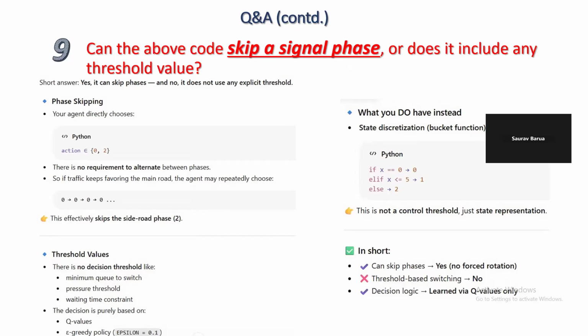We do not have any minimum queue to switch. We didn't use a pressure threshold or waiting time constraint. We can include that in future. The decision is purely Q value and epsilon greedy policy, and the epsilon value is 0.1 here.